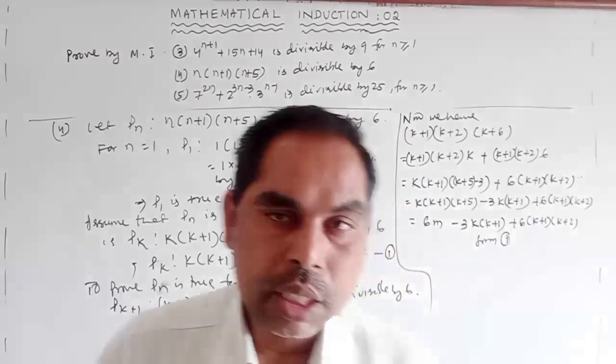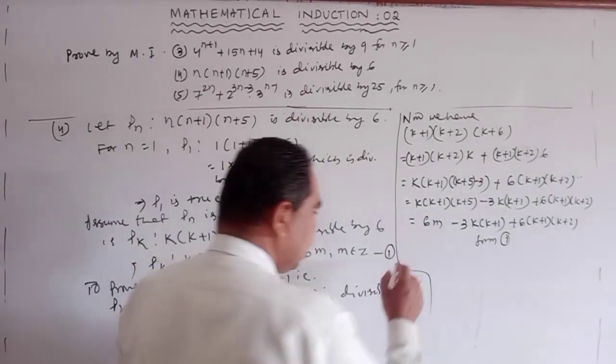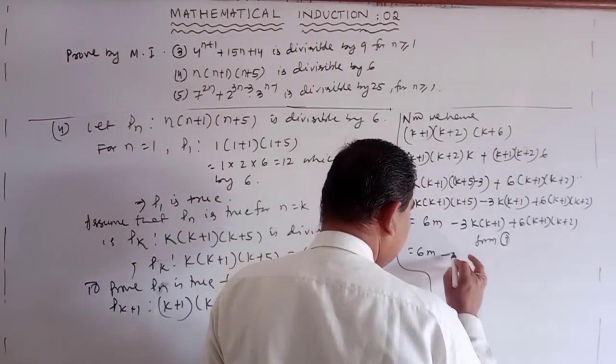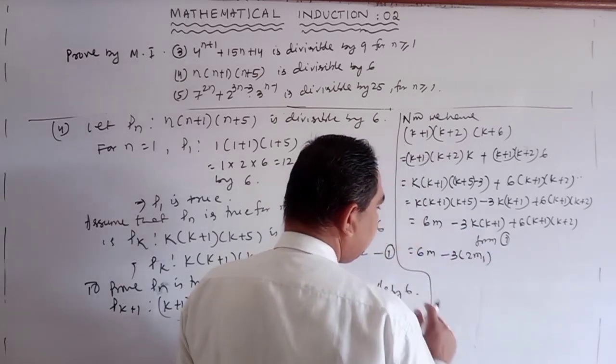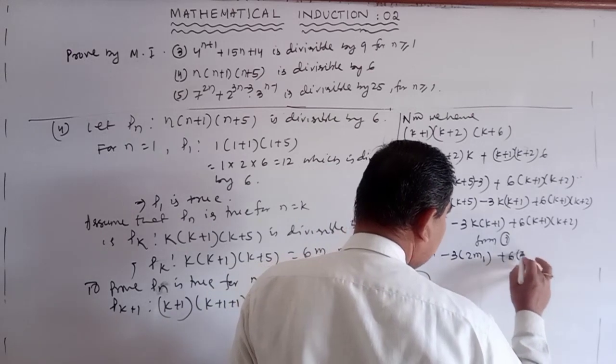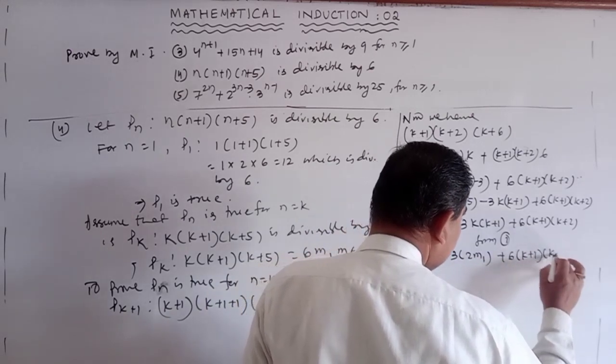Okay, so this is equal to 6m minus 3 into 2m1 plus 6 into k plus 1 into k plus 2.